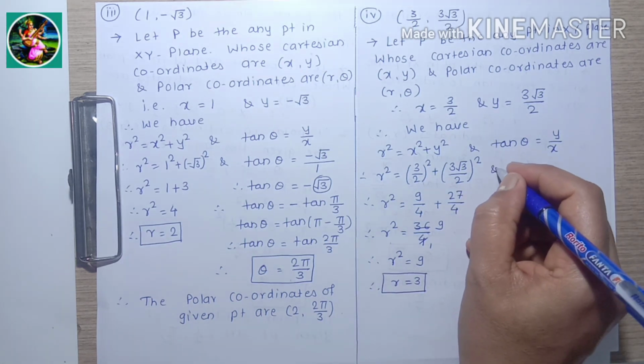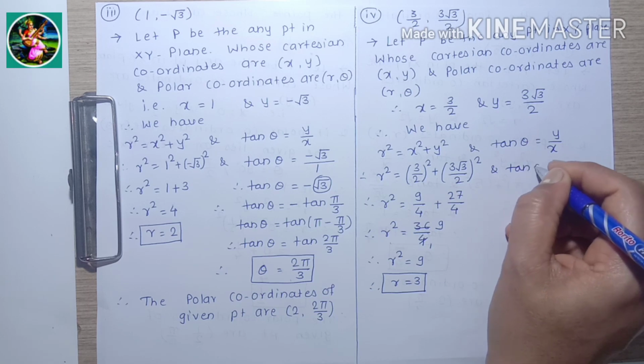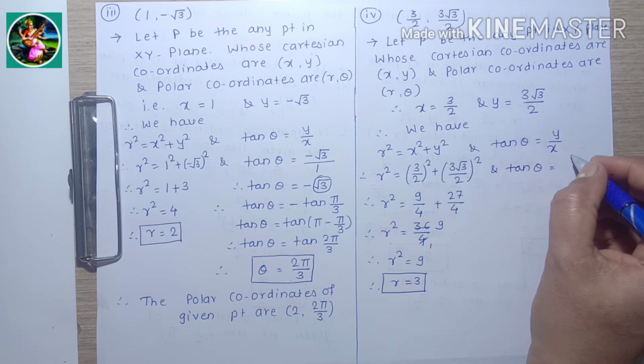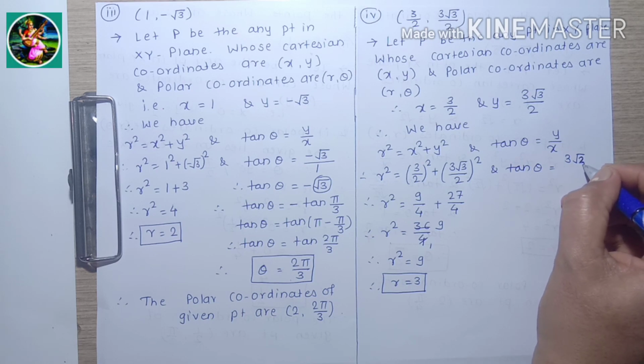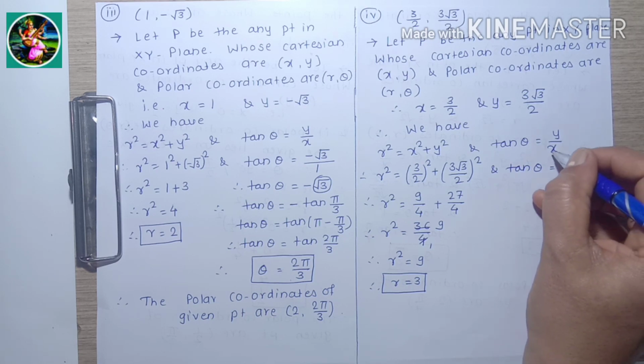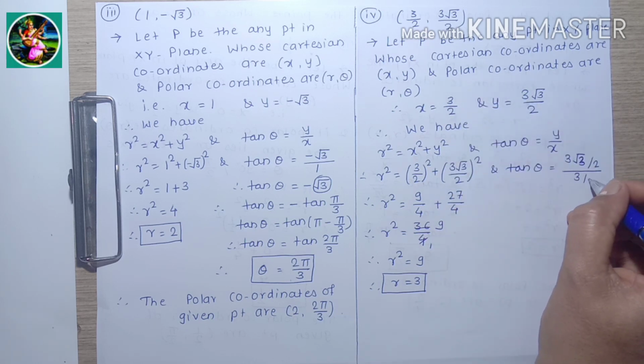Now tan theta is equal to y, that is 3 root 3 divided by 2, and the value of x, that is 3 divided by 2.